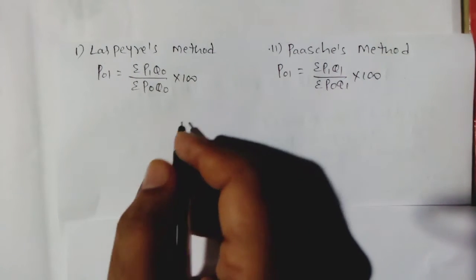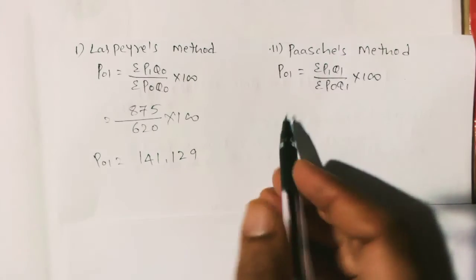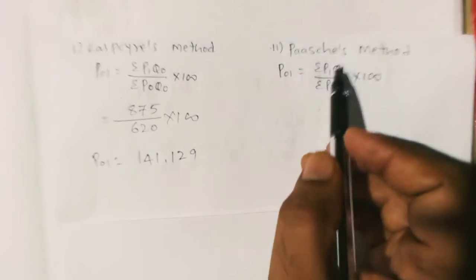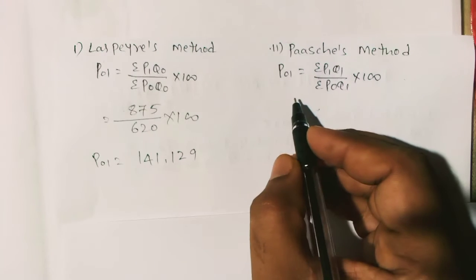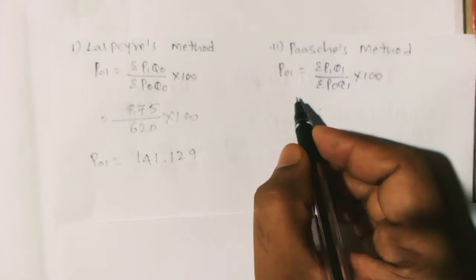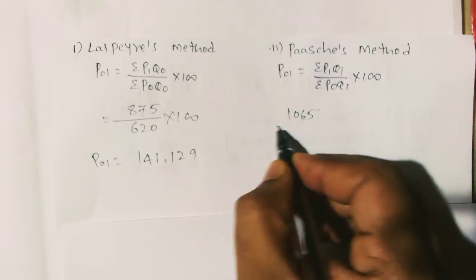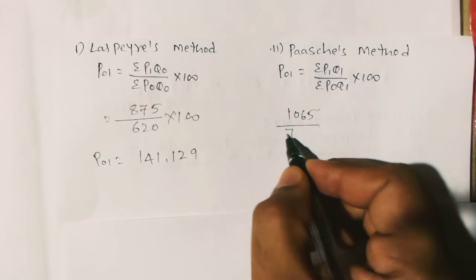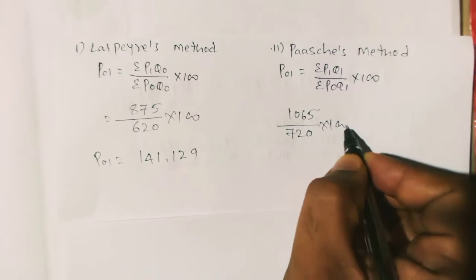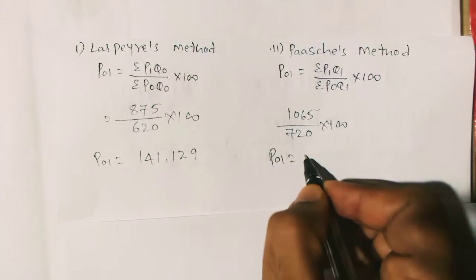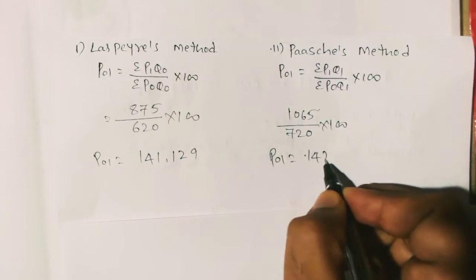Firstly, we will substitute the values. Put the values: 1065 divided by 720 into 100. P naught 1 is equal to 142.